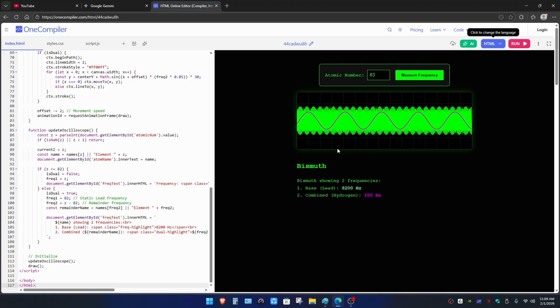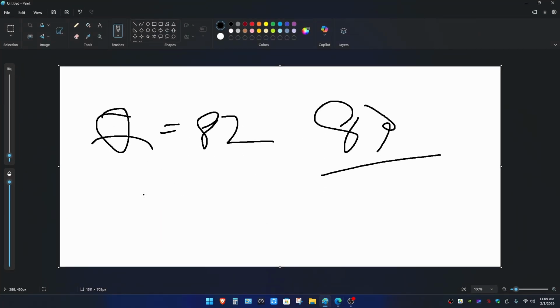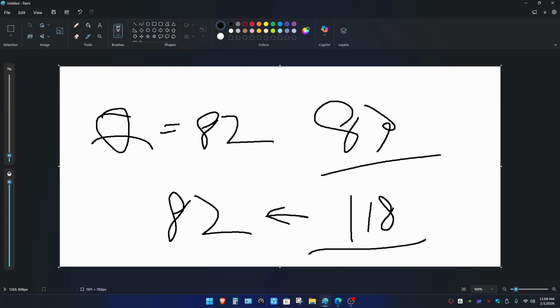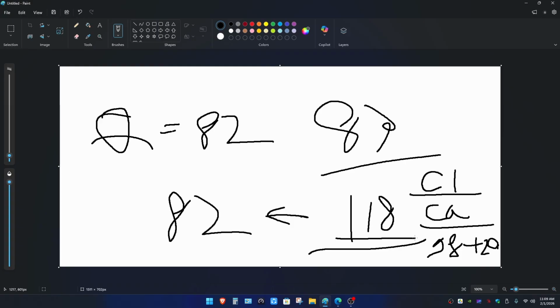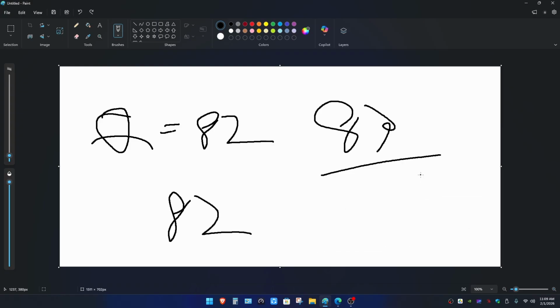The fact that all the elements after 82 return back to 82 is an indication that if we make an atom 118 and say it is a new atom, but it is a combination of californium and calcium, which is 98 plus 20, how can we even say that this is a new atom? It might be something which falls into a new category.